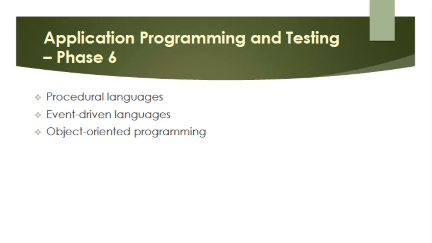So when we say procedural languages, these require a programmer to specify the precise order in which the program logic is executed. So procedural languages are often called third generation languages or 3GLs. Examples of which include COBOL, Fortran, C, and PL1.